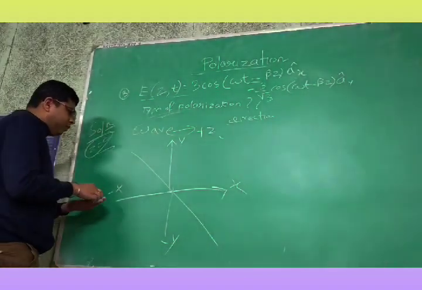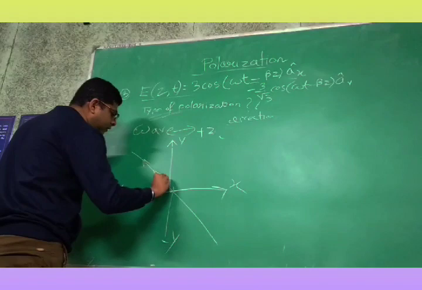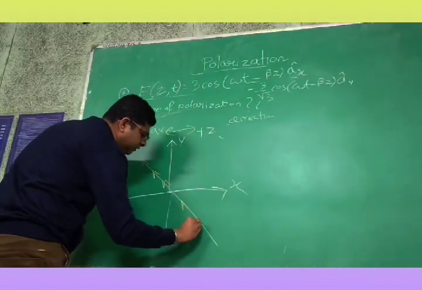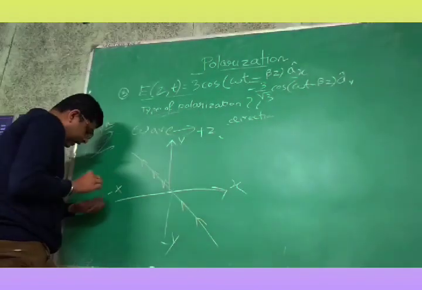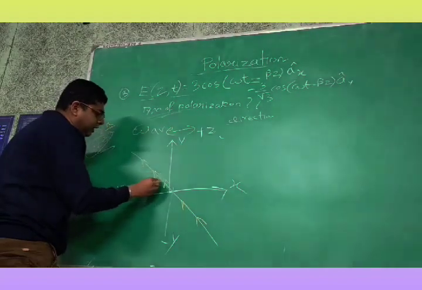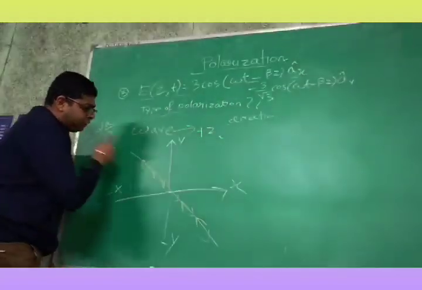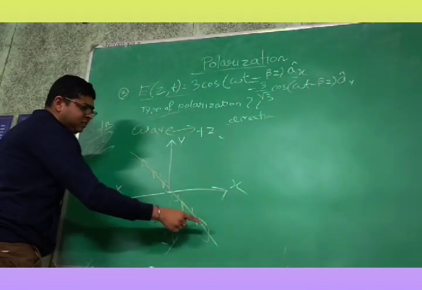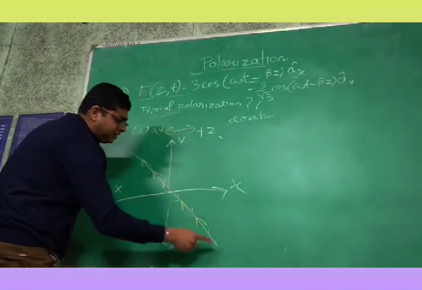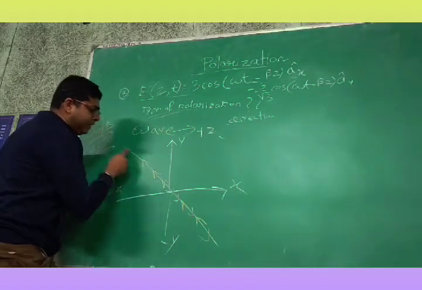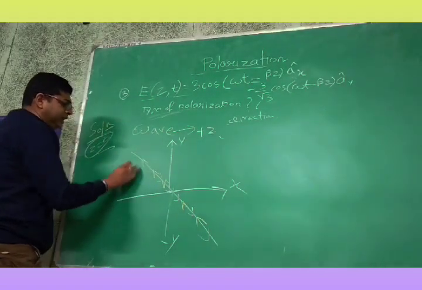And the direction of the arrow will be both ways, either in this direction or in this direction. So either it is moving like this, or it is moving like this. So this way it is moving. Okay, this is linear polarization.